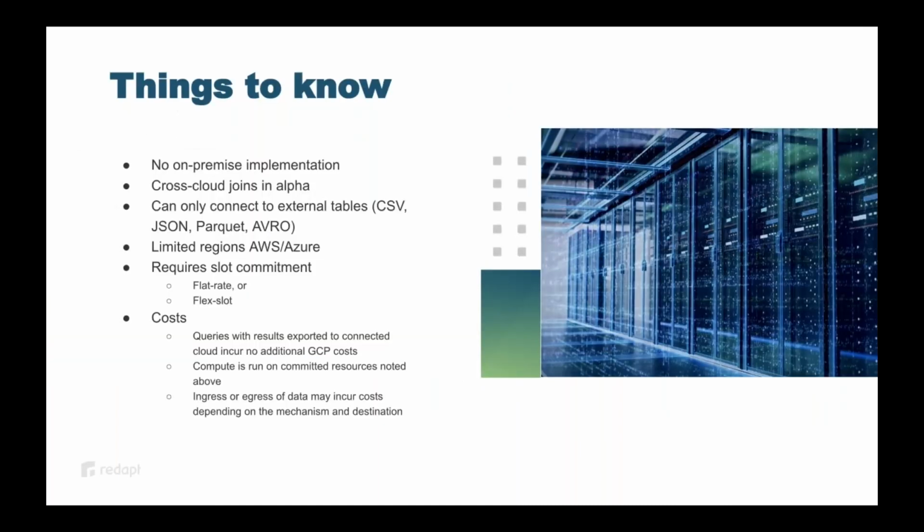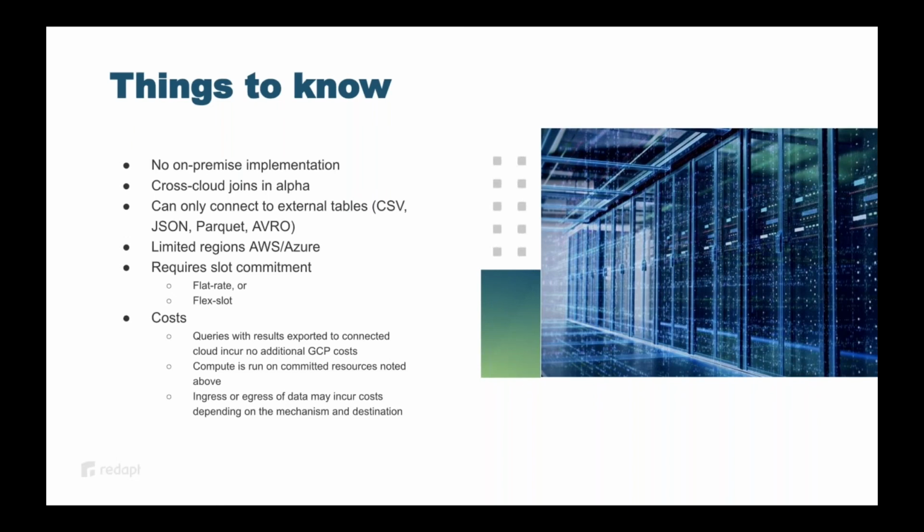What are the things I need to know? Well, first of all, there's no on-premise implementation of Omni yet. So if you have an on-premise data warehouse that you want to be pulling into your BigQuery queries, that's not part of the plan at the moment. Cloud joins right now are only in alpha.